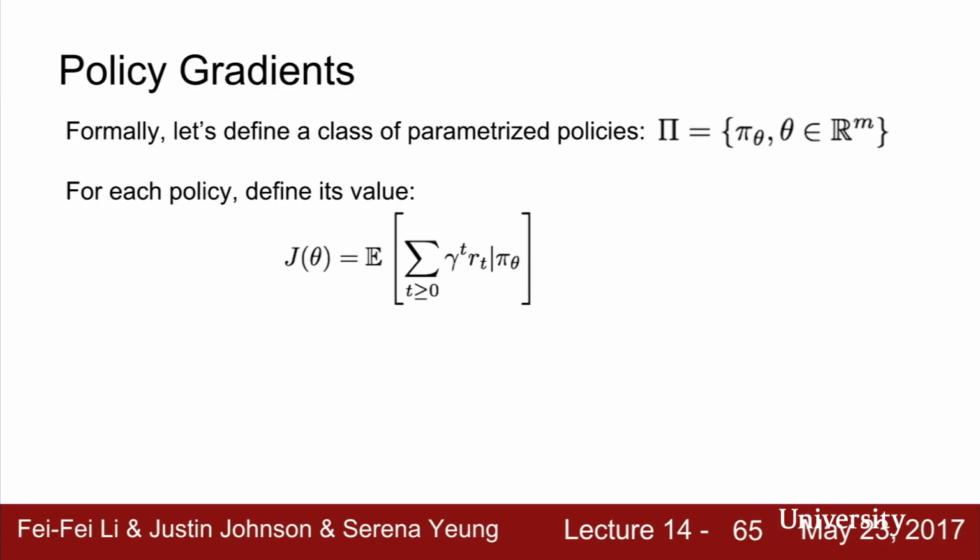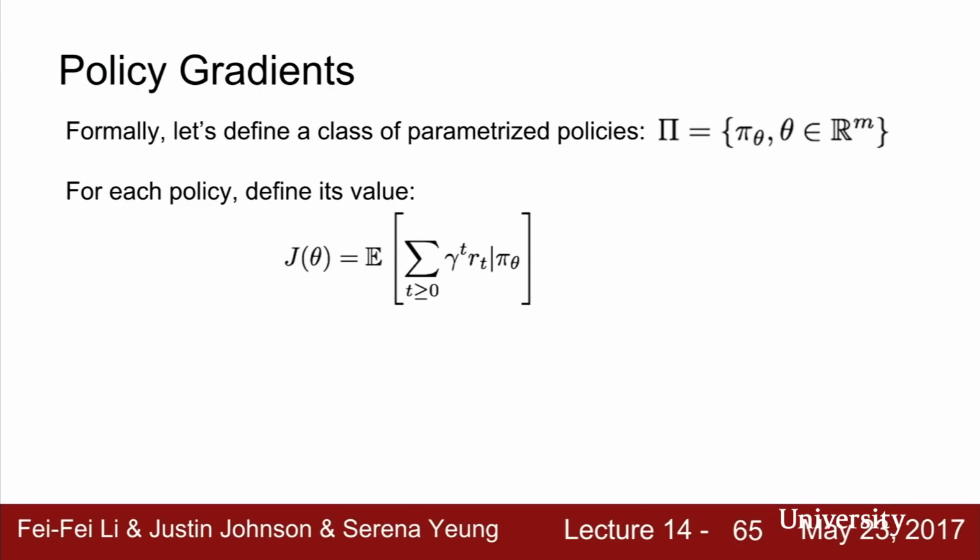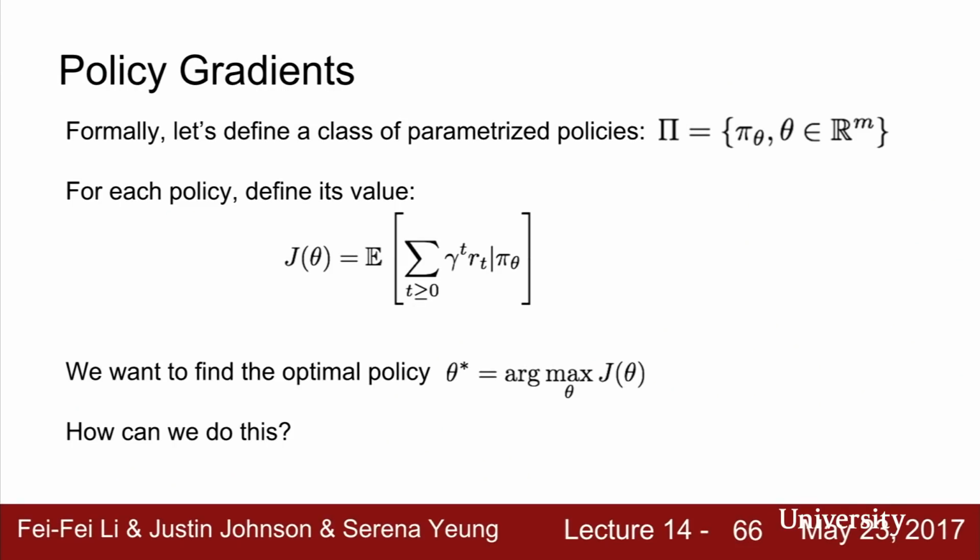So this is an approach that we're going to call policy gradients. Formally, let's define a class of parameterized policies, parameterized by weights theta. For each policy, let's define the value of the policy. So our value J, given parameter theta, is going to be our expected cumulative sum of future rewards that we care about, the same reward that we've been using.